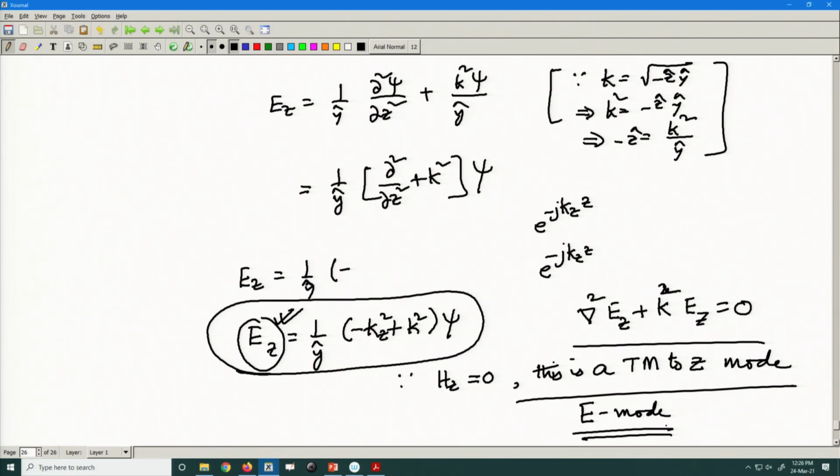So, now we see that for a z directed current source which generates a z directed magnetic vector potential, we get a T m to Z mode.